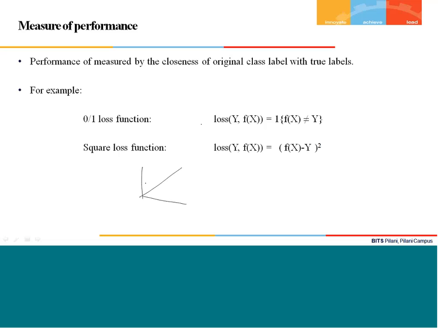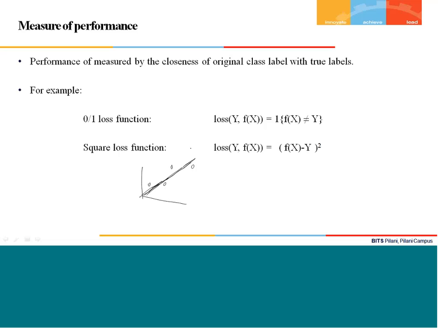For example, there are some points, and somebody asks me to fit a line to these given points. So I propose this line. Now, how do I know whether this is a good fit or not?